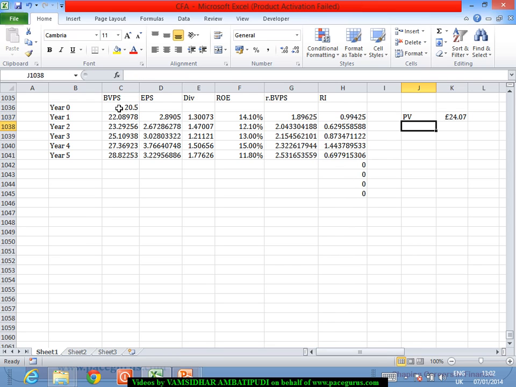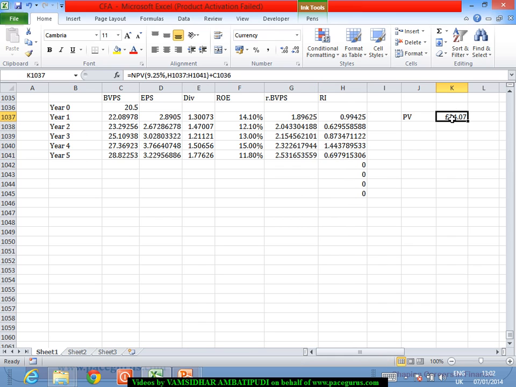So the present value is coming out to $24.07. And using our formula, the RI of the next period, 0, divided by 1 plus R, leaves me only with this much, which works out to the same number.